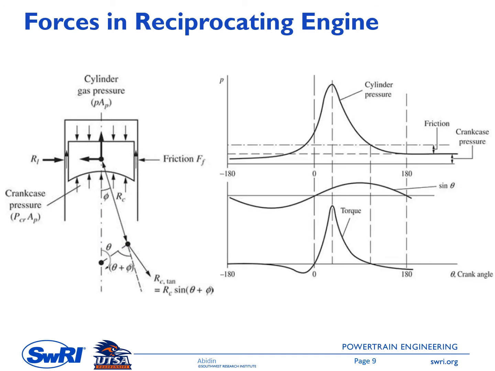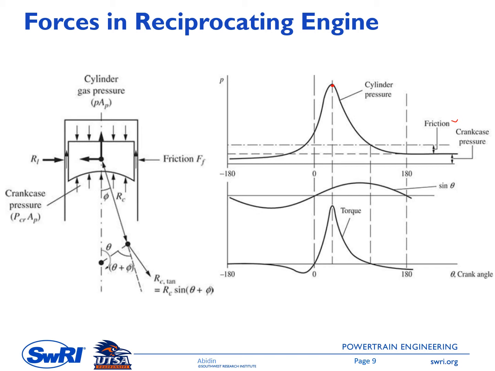This is an example of the plot for the gas pressure. We have a peak cylinder pressure after TDC, due to the combustion. We also have a friction contribution here that lowers the cylinder gas pressure.